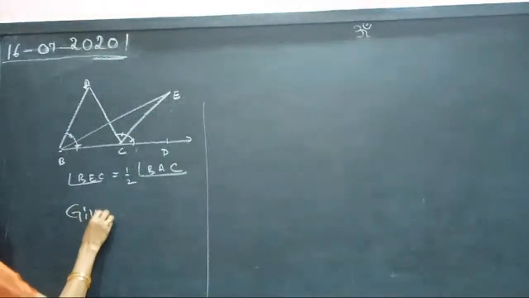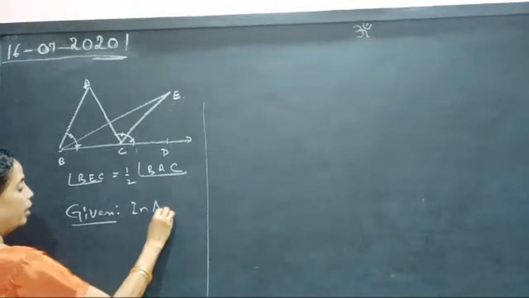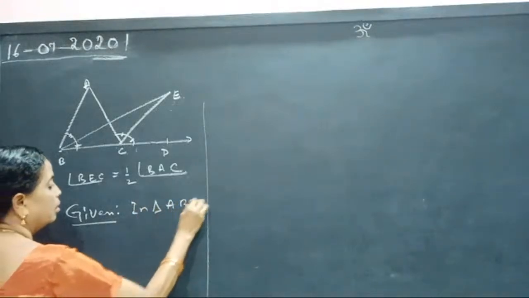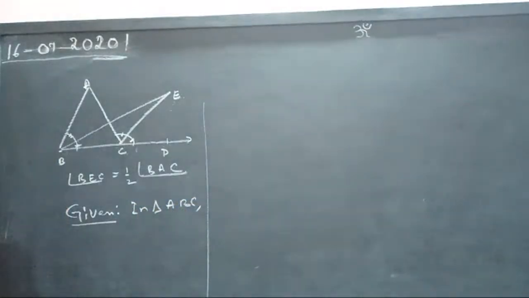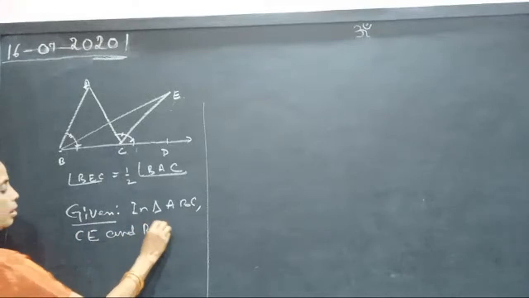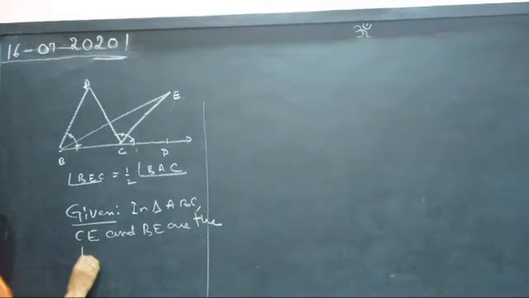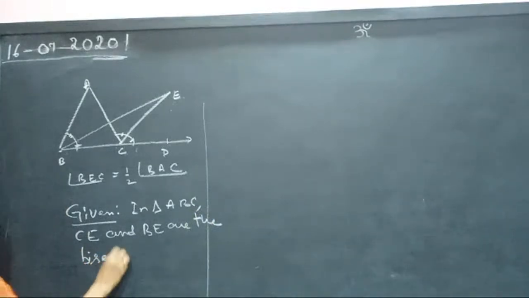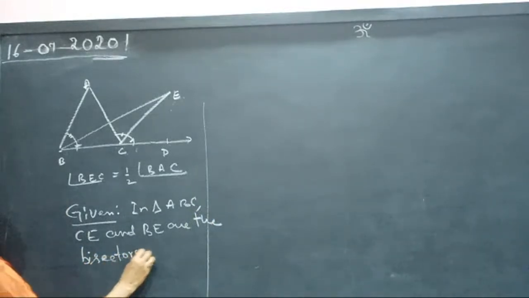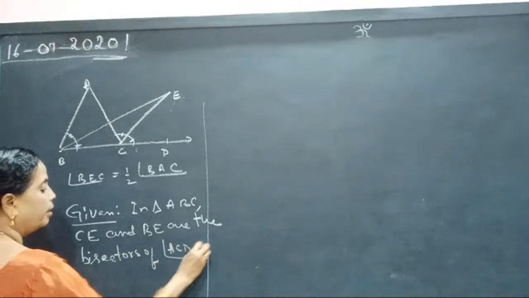Given, in triangle ABC, CE and BE are the bisectors of angle ACD and angle ABC.